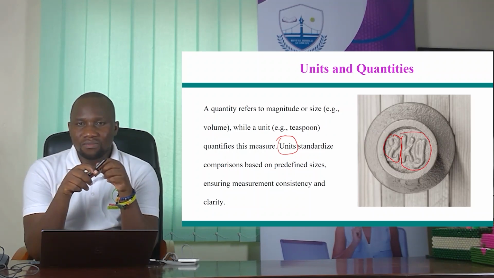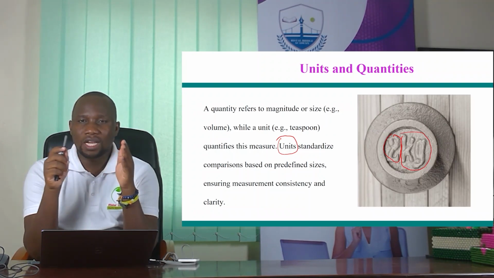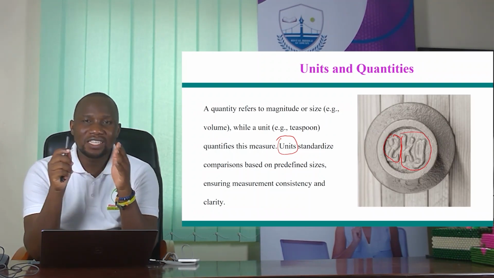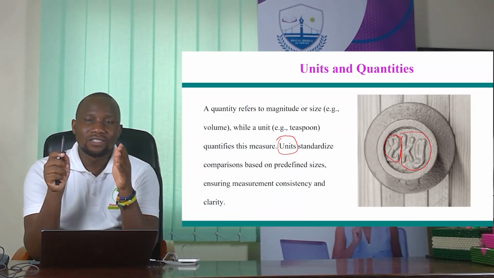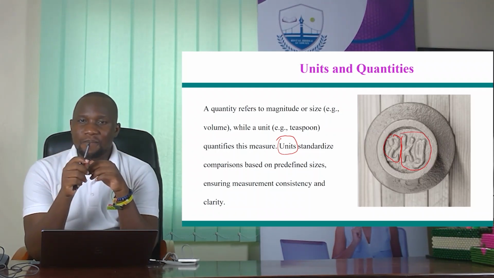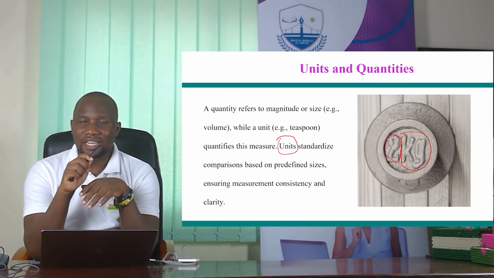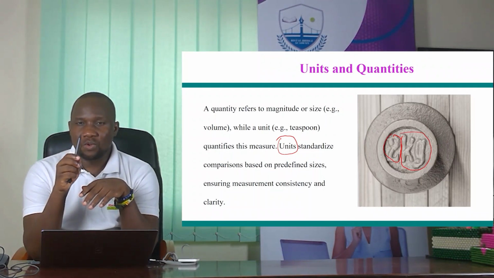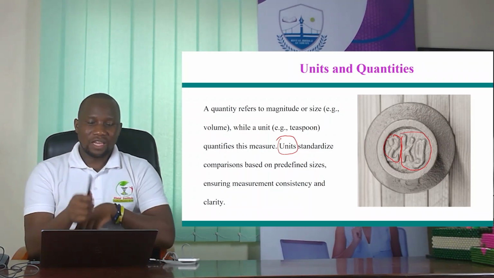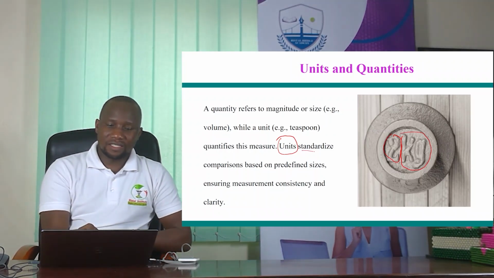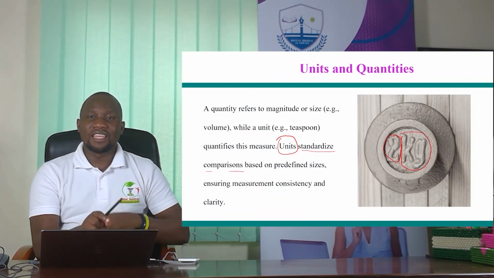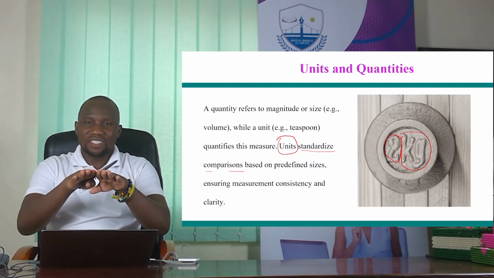So therefore, if you're going to say 2 without specifying 2 what? 2 milligrams, 2 liters. If you don't specify, then another person cannot do exactly what you did. And that is where the word standardized comparisons come in, such that all of us are on the same standard.